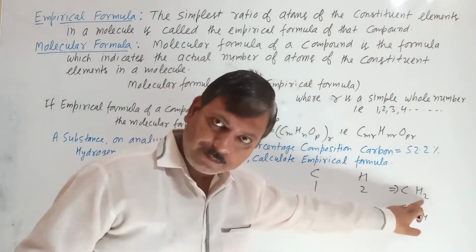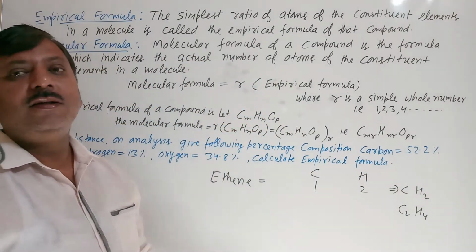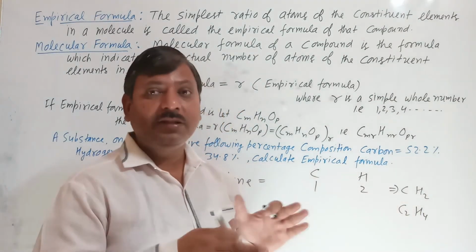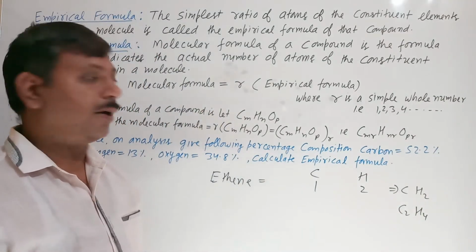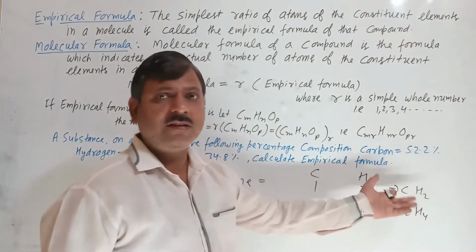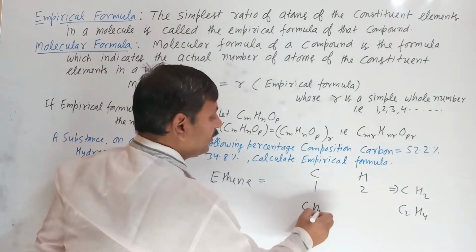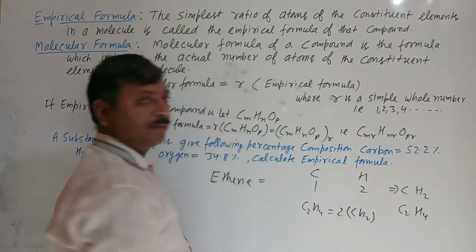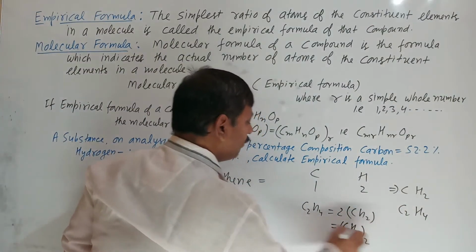So this is empirical formula and this will be the molecular actual number of carbon and hydrogen present in that molecule. That is molecular formula. You can see here a simple relation is there. If we see C2H4, so this is twice of CH2, or you can say CH2 whole twice.